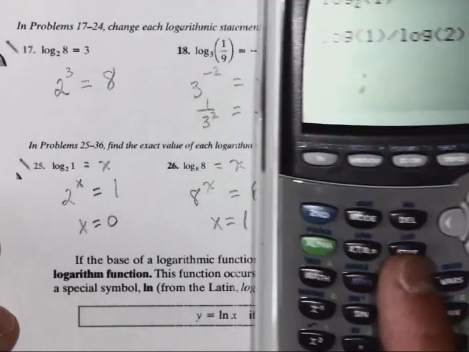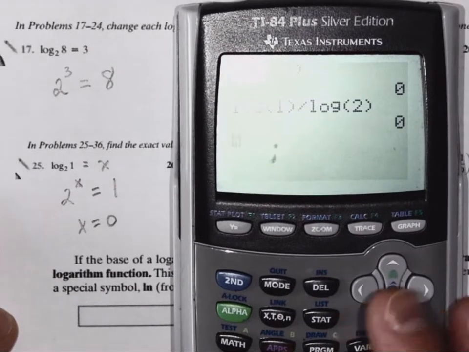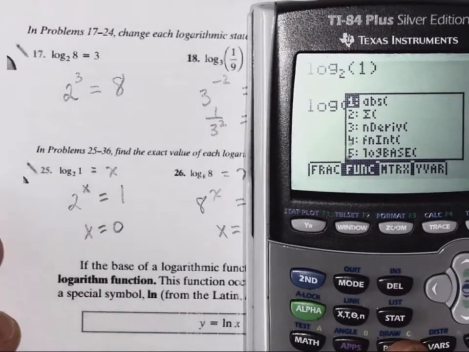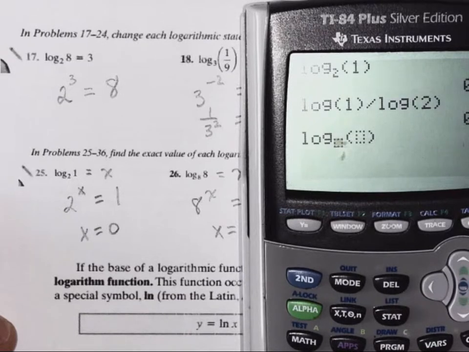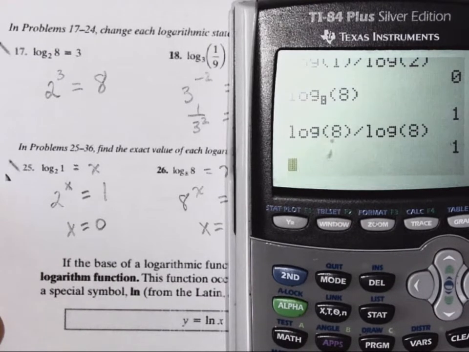Okay, so then alpha window, trying to get this glare off of here, alpha window number 5, so log base 8 of 8 is equal to 1. If I'm doing change of base, it's common log 8 divided by common log 8, which is also 1.